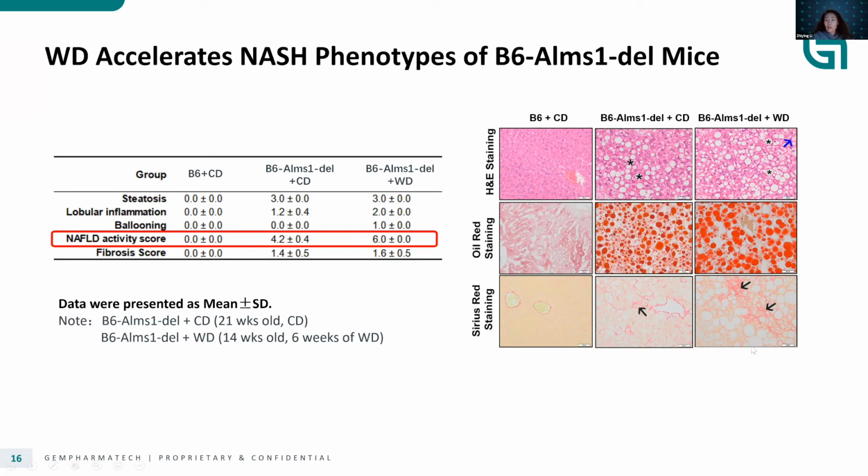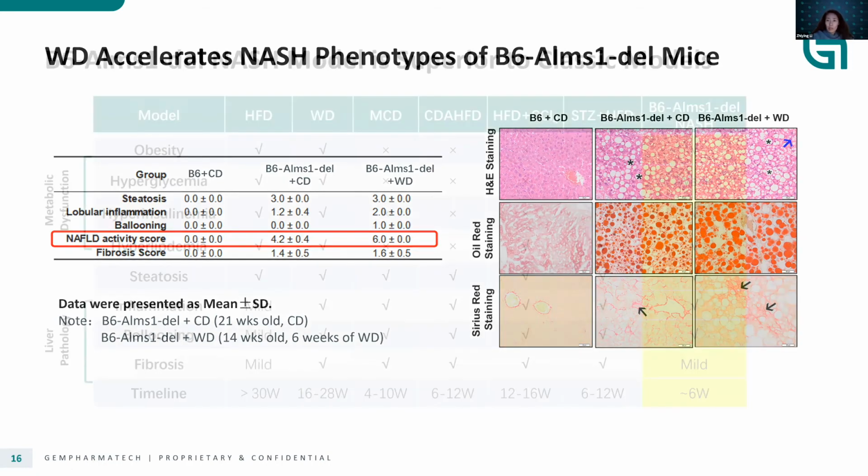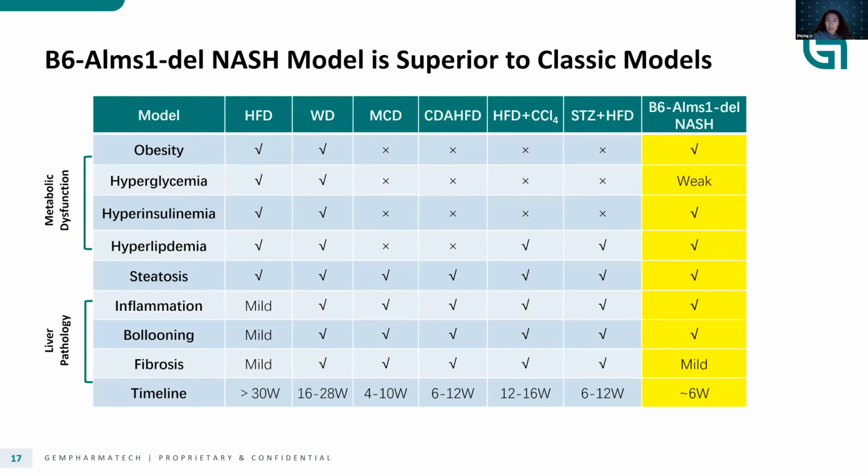So as you can tell, the disease progression is a lot faster and profound in this particular mouse. So we do think we have found a new model that we can mimic the NASH situation or the disease progression, and as a way to recapitulate the human NASH situation.